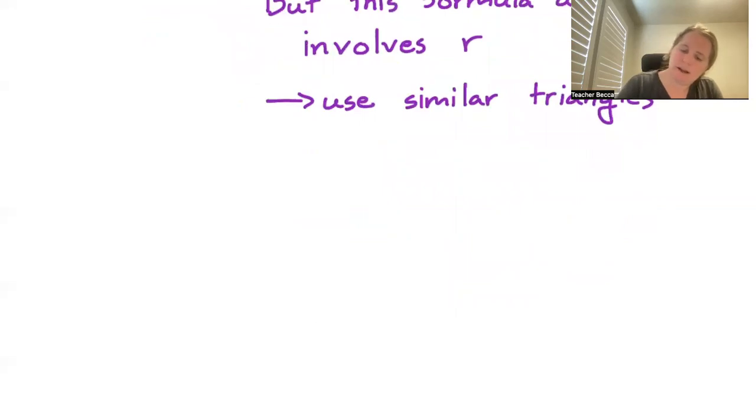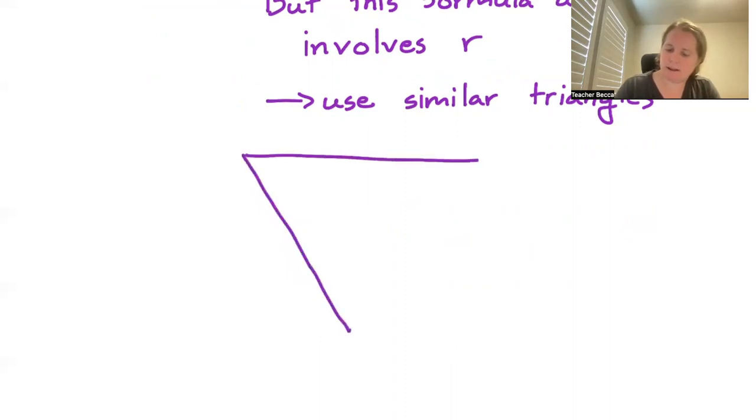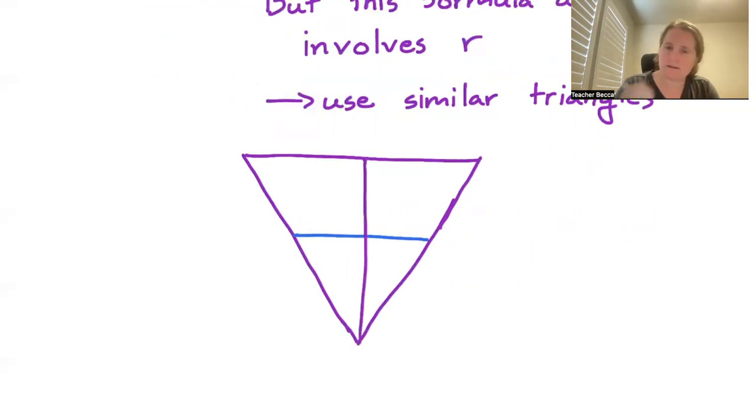So if we look at our cone, the large cone with the water level inside, and we specifically focus on that right triangle with height through it, so we'll focus on this smaller triangle here inside of a large triangle.